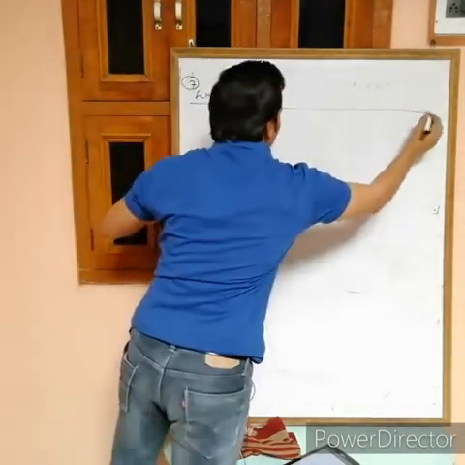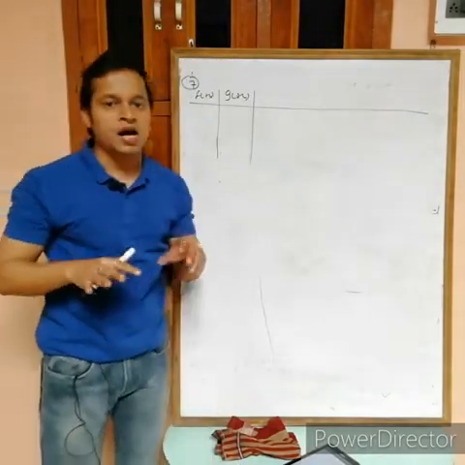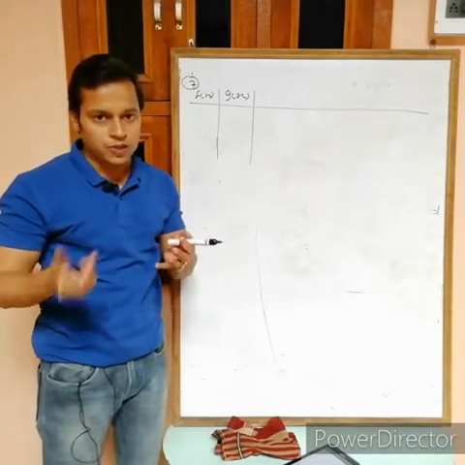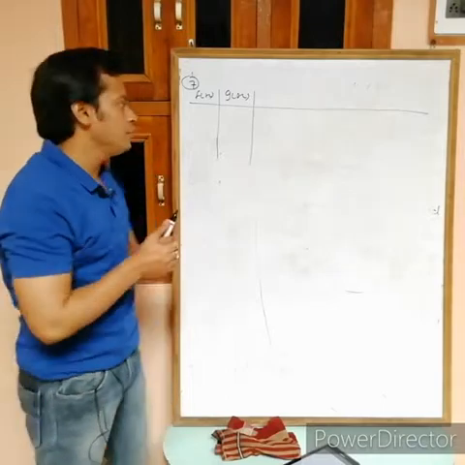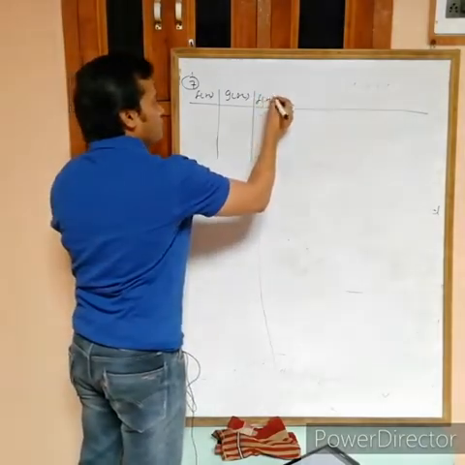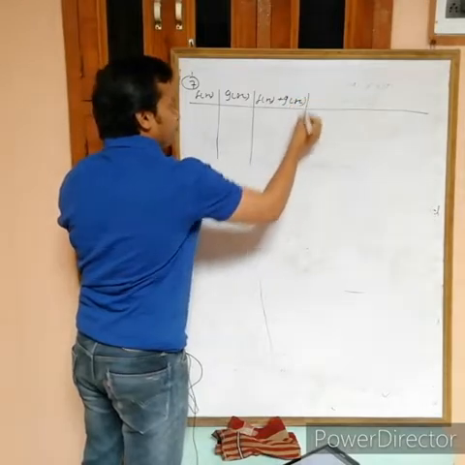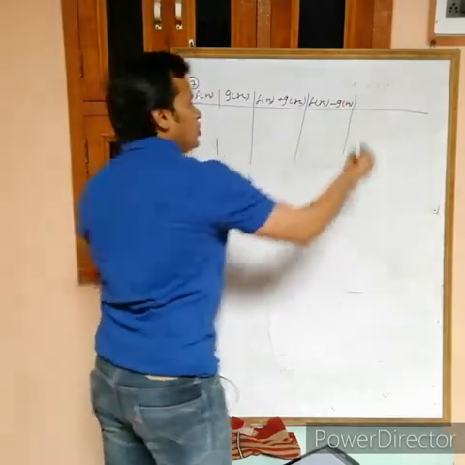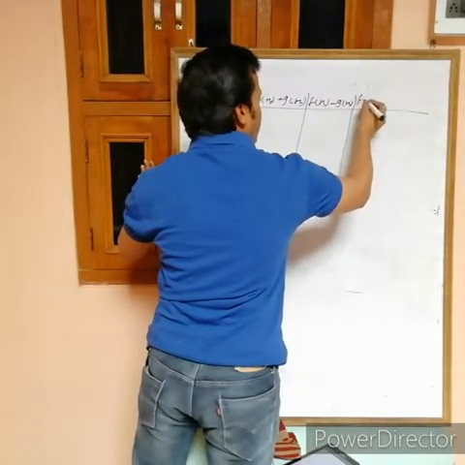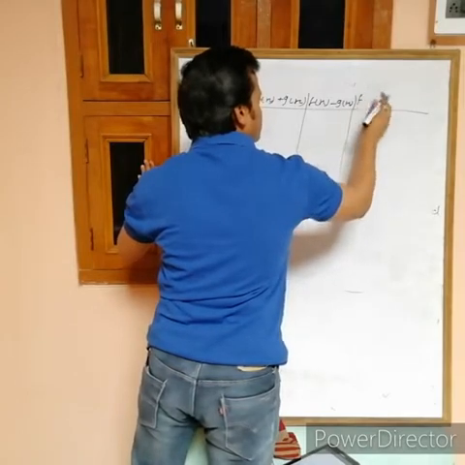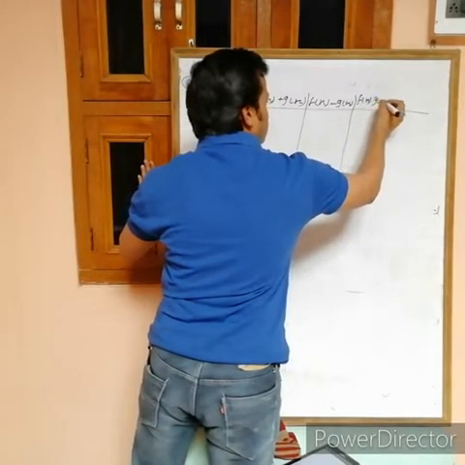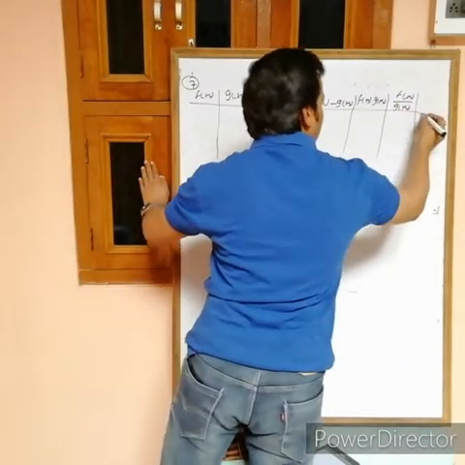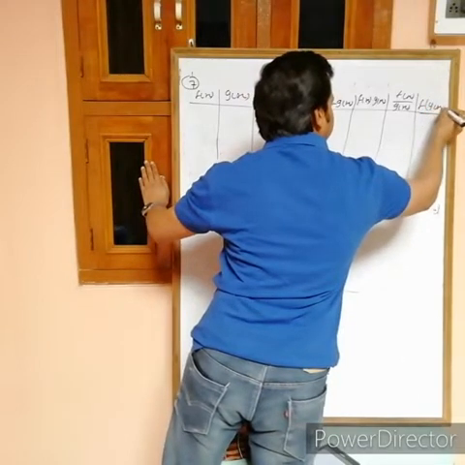Suppose we know about f(x) and g(x) that these are even or odd functions, and we want information for f(x) plus g(x), f(x) minus g(x), f(x) into g(x), f(x) by g(x), and f of g(x).